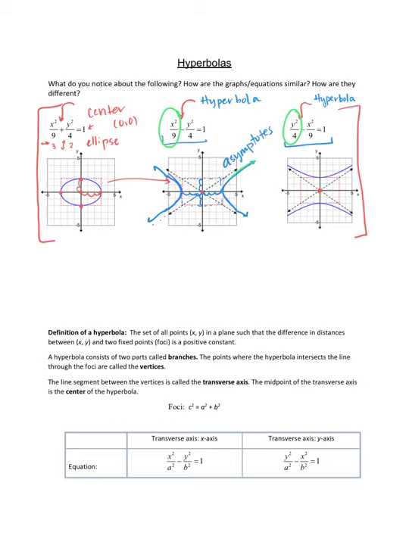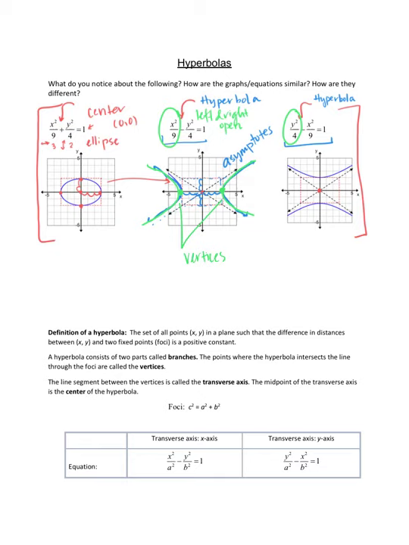Well, our graph will open up left and right. It has nothing to do with the size and the points where these pieces are sitting. Those are the vertices. And again, it's not having to do with the size. It has to do with what comes first.